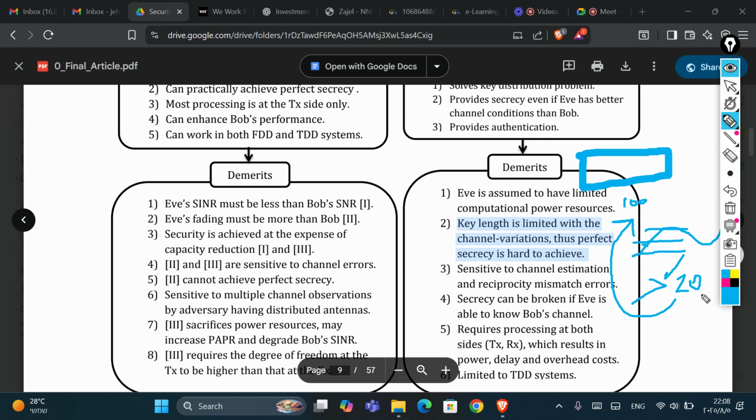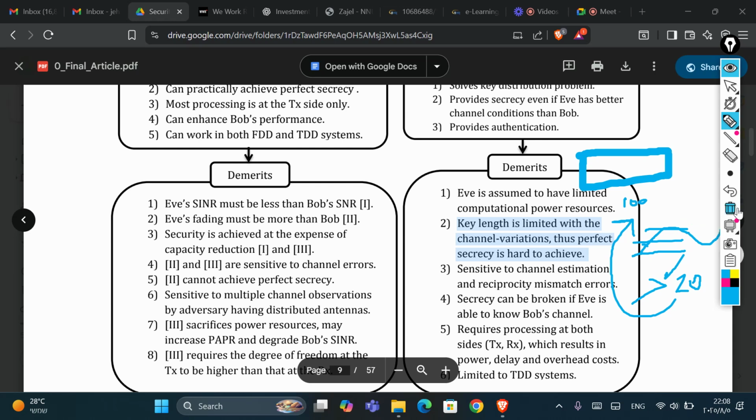It causes delay, it causes extra power consumption, and it can complicate the process of having light security for Internet of Things applications, for example.